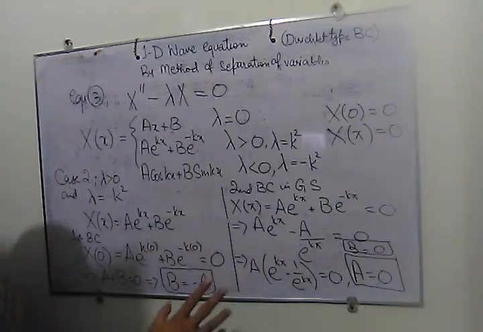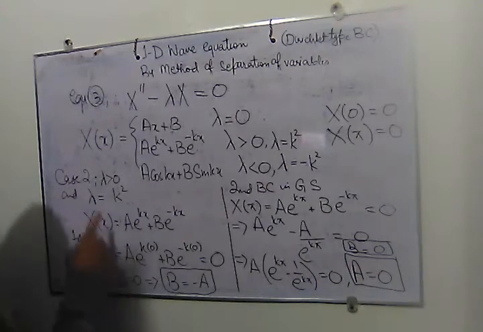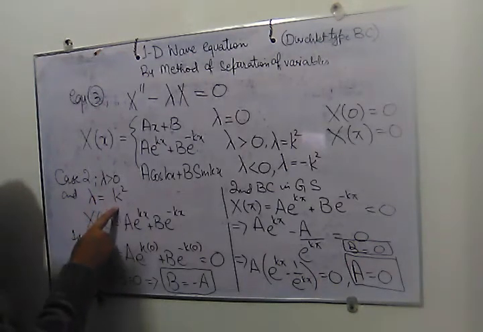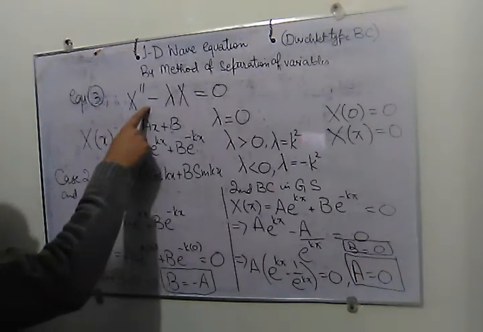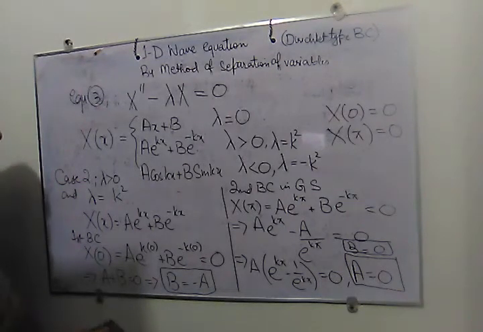So this solution we call the trivial solution, and again we did not get the non-trivial solution so that we can go further. So we say that for case 2, lambda greater than 0, this differential equation gives us the trivial solution. So we will check the third condition, case 3, in which lambda is less than 0.